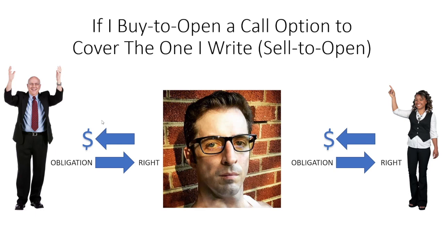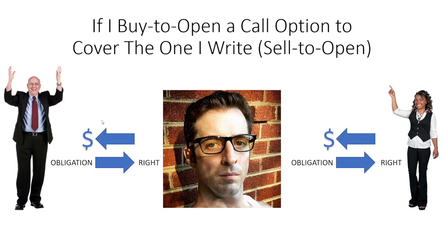And I'll have to deliver it in return for whatever the strike price amount is anytime between now and the expiration. Now, there's a difference in the amounts depending on expiration dates, depending on strike prices.